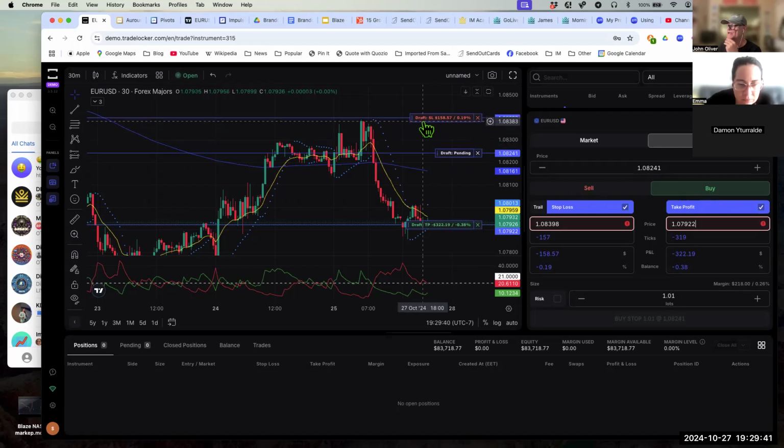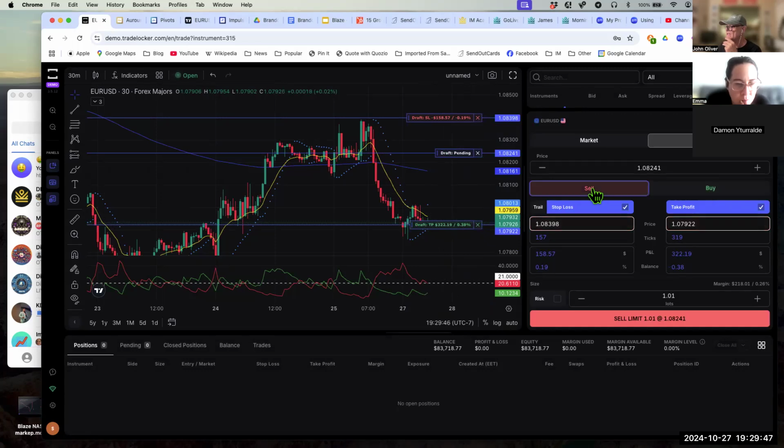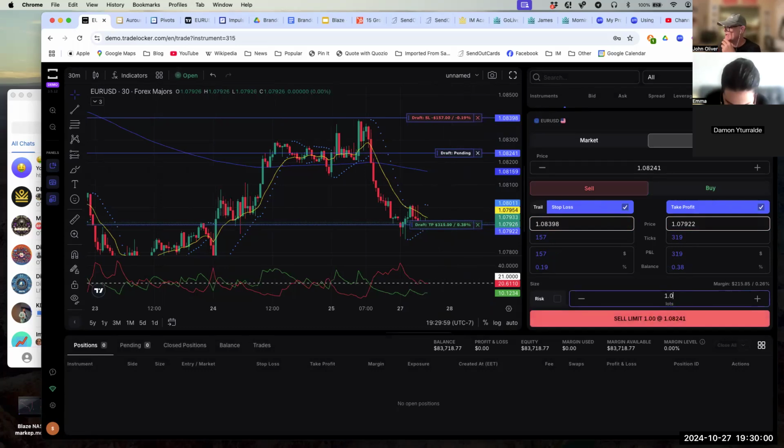Okay, and it'll show here draft, draft, and draft. And when we hit sell, it'll come up here. Hold on a minute. I'll just do a standard lot size, 1, to make it easier.